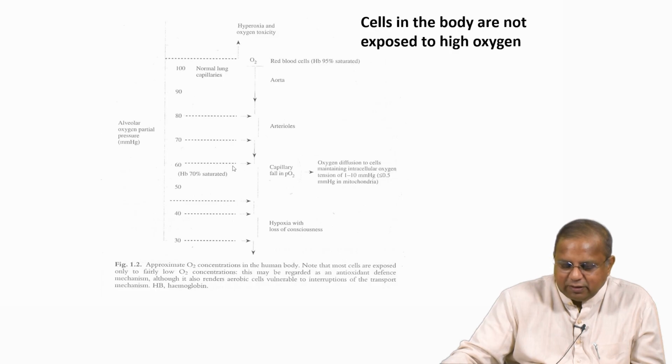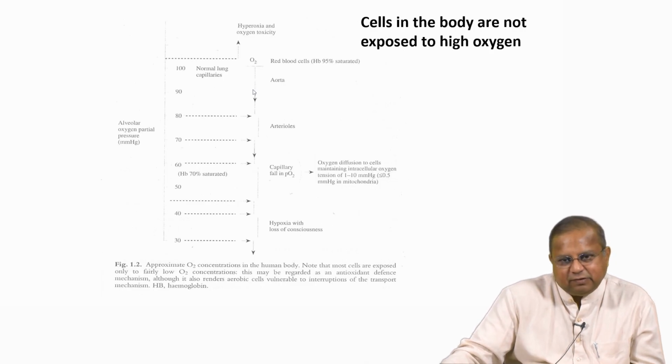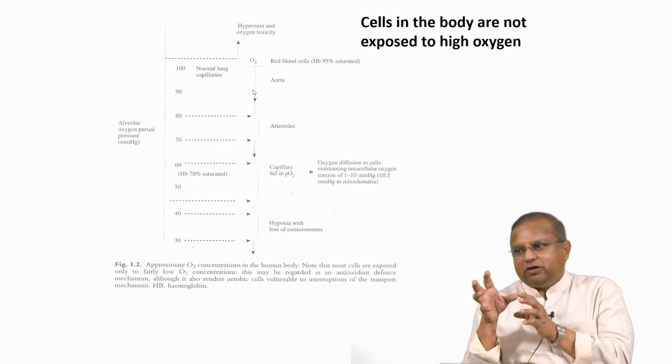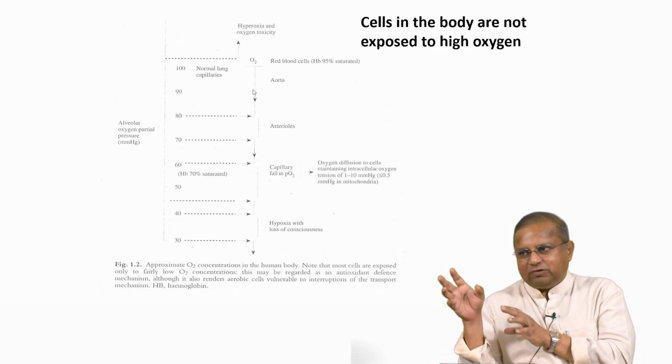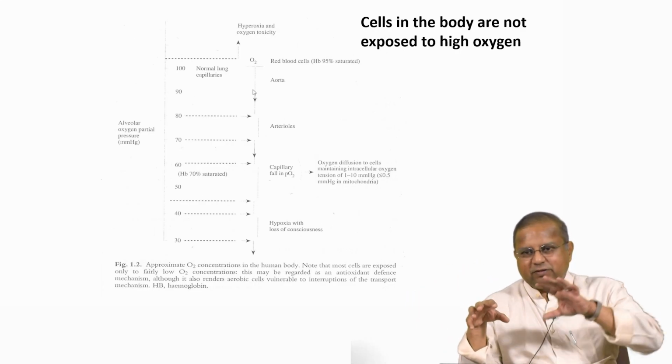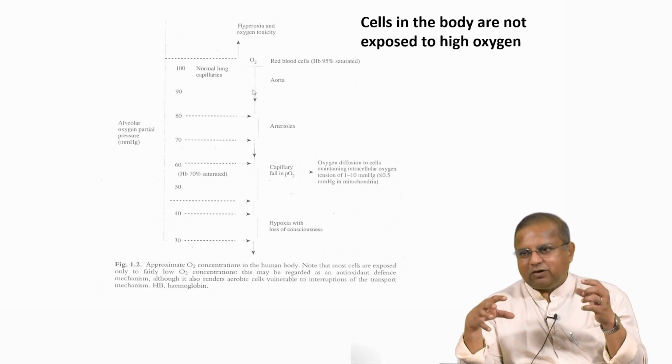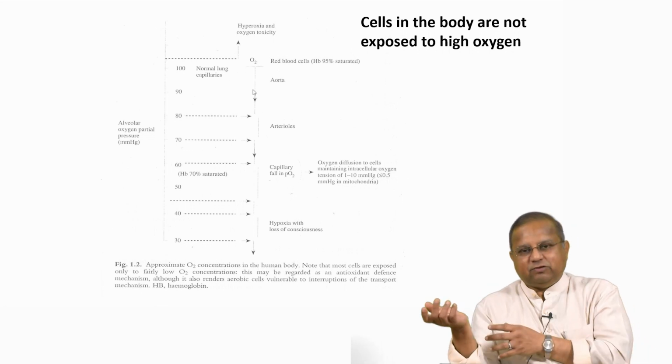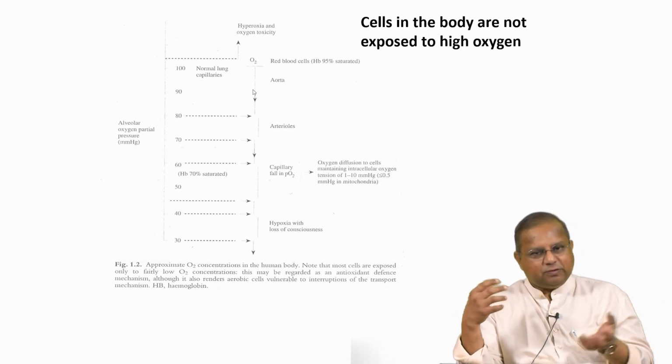And so most cells do not see beyond 50 to 60% of air saturation. You need to recall your thermodynamics, air saturation, oxygen saturation. In a lot of contexts we talk about 100% air saturation, which means it is saturated with 21% oxygen.